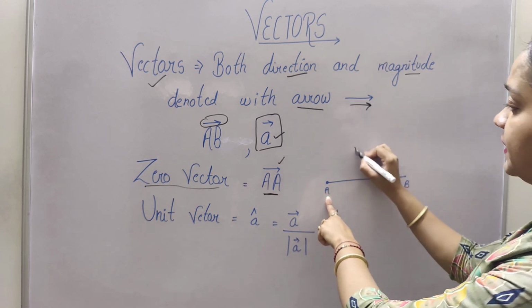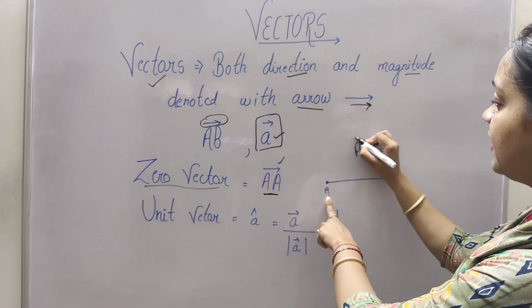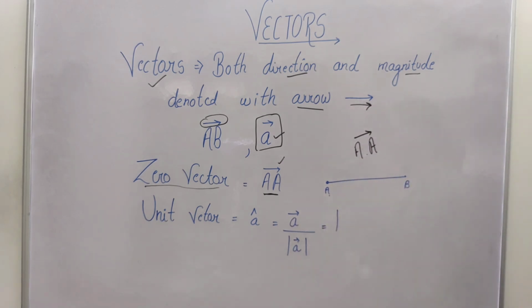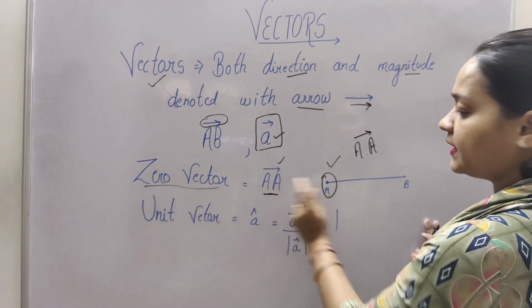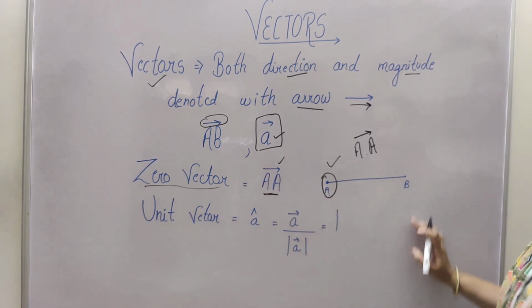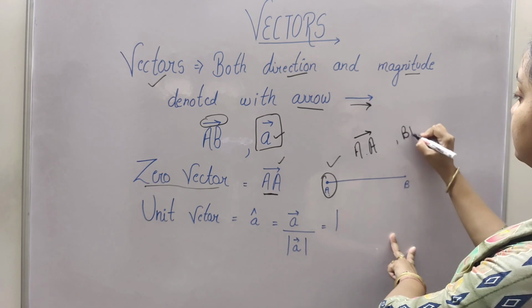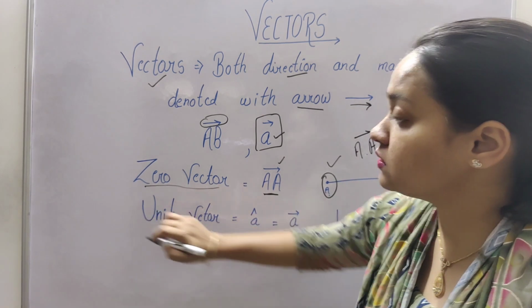If we want to calculate a distance from a point to the same point and take a vector on it, it is known as a zero vector because it has no magnitude. That's why it is known as a zero vector. Point a to a is known as a zero vector, or point b to b is also known as a zero vector. Then comes a unit vector.